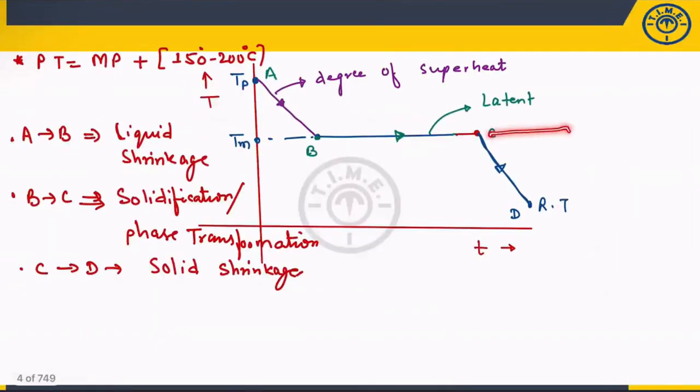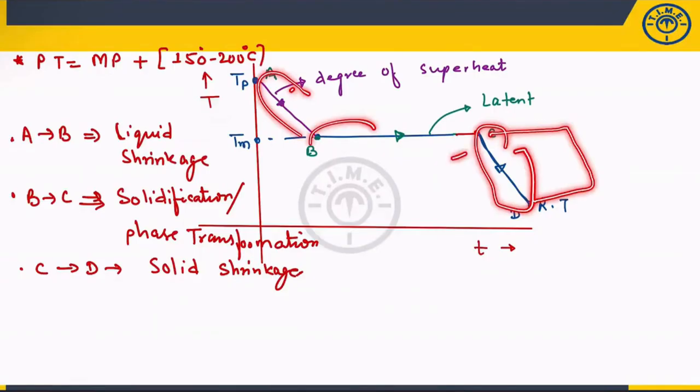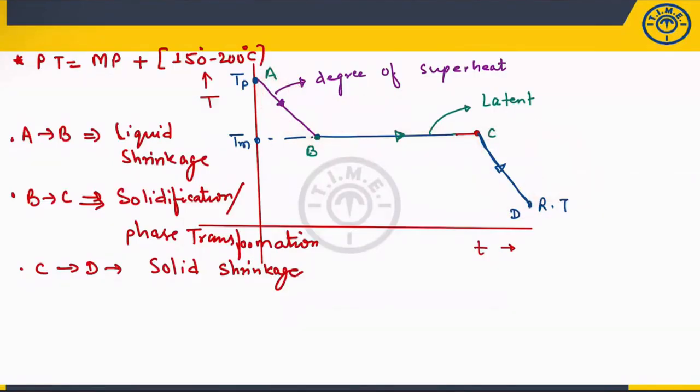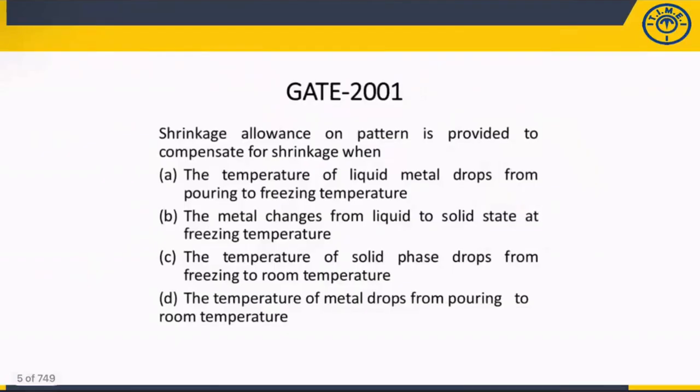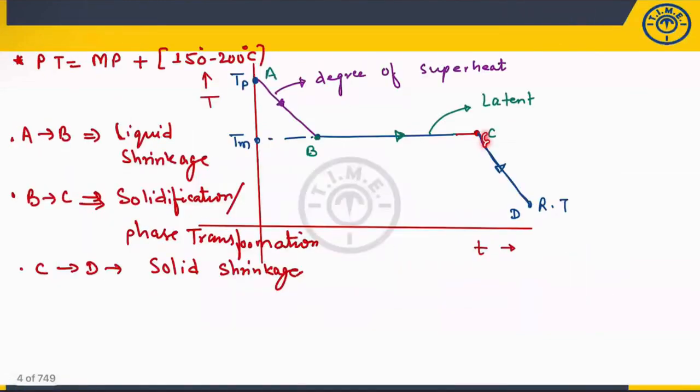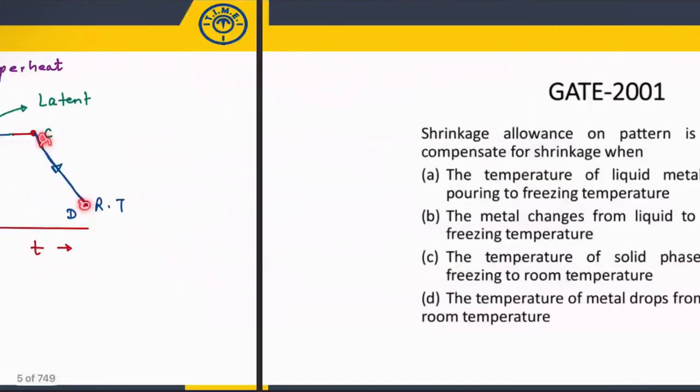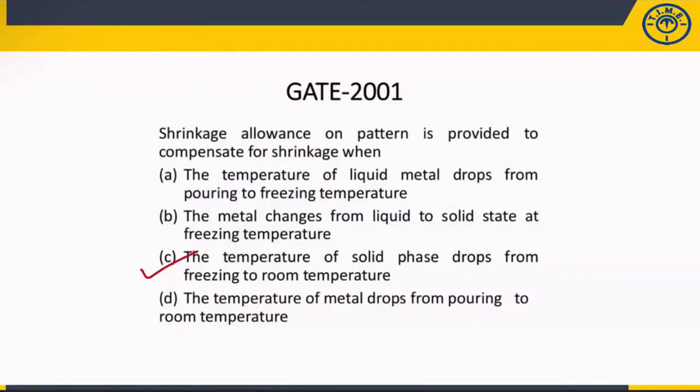First of all, you are providing the allowances over this CD region, because these two shrinkages are taken care of by the riser only. The riser will provide the liquid molten metal, but for CD type of shrinkage, we are providing the allowances. So the shrinkage allowance on the pattern is provided to compensate for shrinkage when the temperature of the solid phase drops from freezing to room temperature. That means this temperature to this temperature. What will be the answer? Option C.